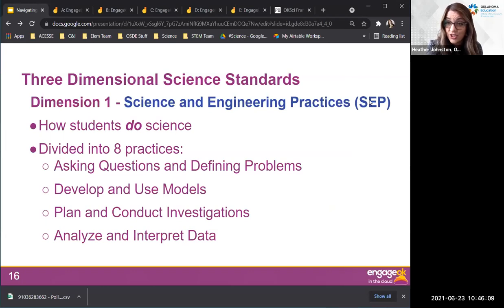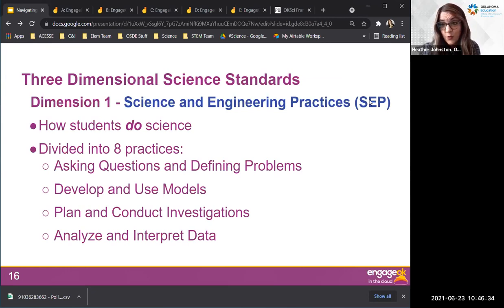Things that did not change within our standards: we are still three-dimensional science teaching and learning, meaning we have 3 dimensions embedded within our standards. The first one is science and engineering practices. This is how students do science. We have 8 skills that we like to focus our student development within.